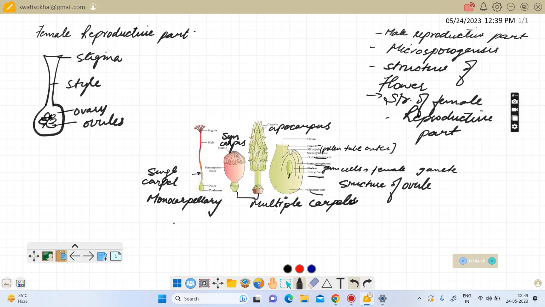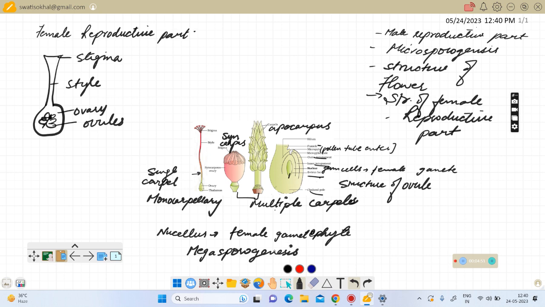Now, beta, we have to see how the nucellus is converted into the female gametophyte. So let's see how the nucellus is converted into the female gametophyte, and this process is called megasporogenesis.